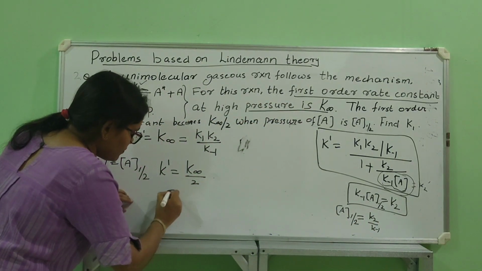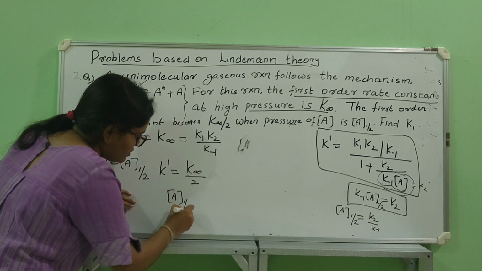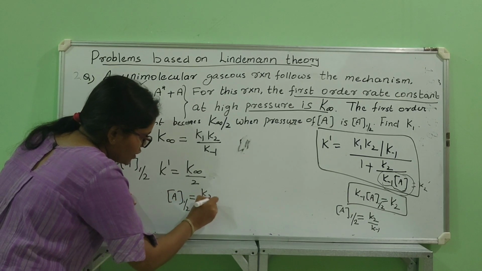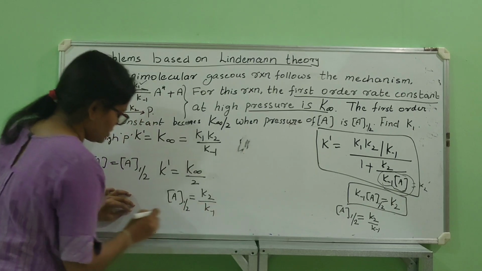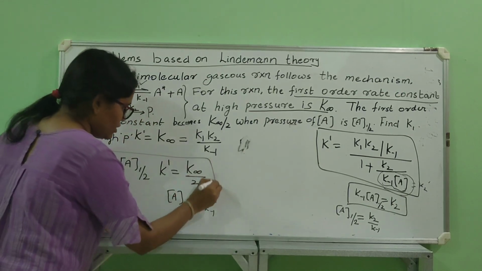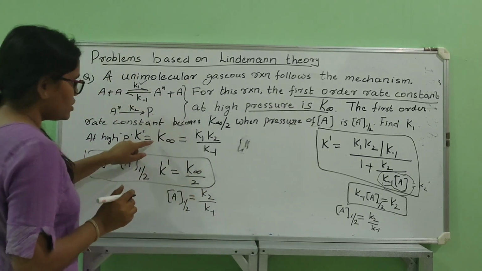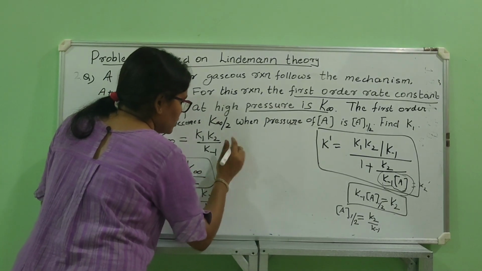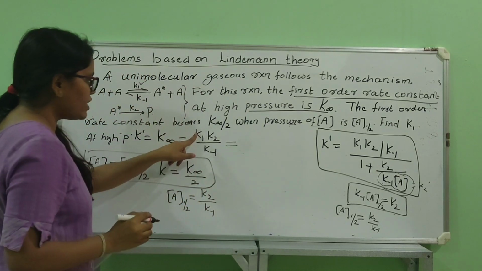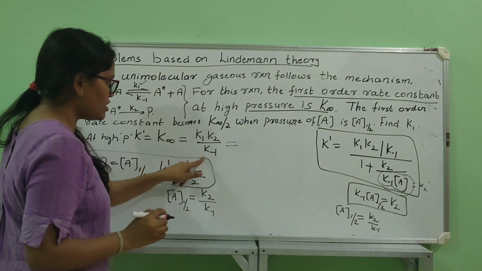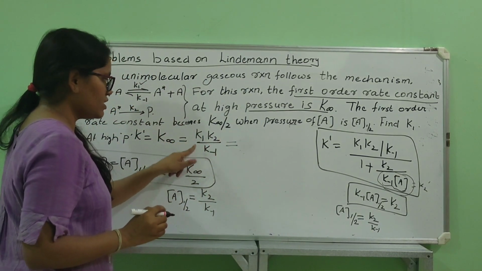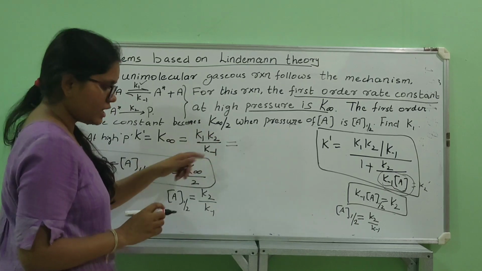So I'll write it here: A half is equal to K2 by K minus 1. This we obtained from this condition. Okay, A half is K2 by K minus 1. So now let us see when will this term become K2 by K minus 1. When I divide it with K1, this term will also become K2 by K minus 1.